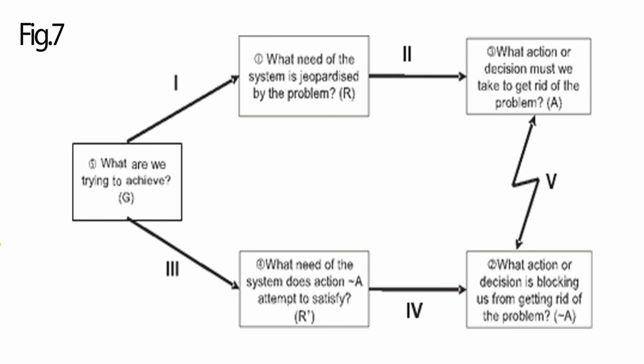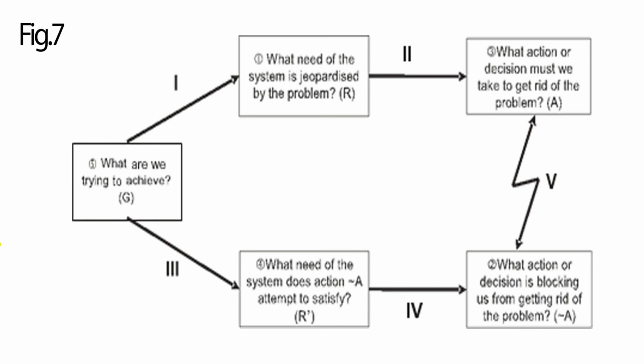So step number 4 is to find the opposing action, and that is really the next question that must be posed. It must take you to that aspect of the opposing action. What action or decision must you take to get rid of the problem? And of course, as you can see from the diagram here, you will be able to come up with G. What are we trying to achieve at the end of the day?